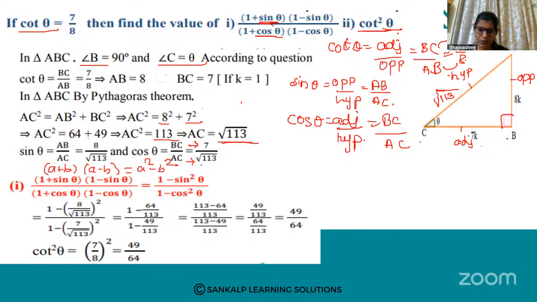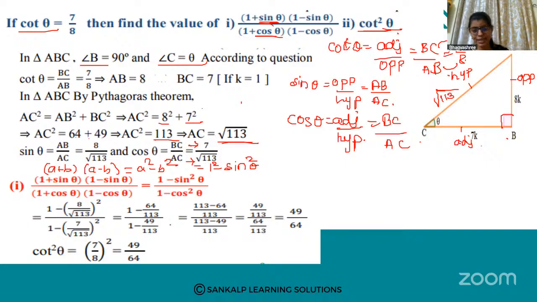A is 1, so 1 square, and b is sin theta, so b square is sin square theta. Here also a plus b into a minus b, that is 1 minus cos square theta. So 1 minus sin square theta, where sin theta value is 8 divided by root 113, all divided by 1 minus cos square theta.